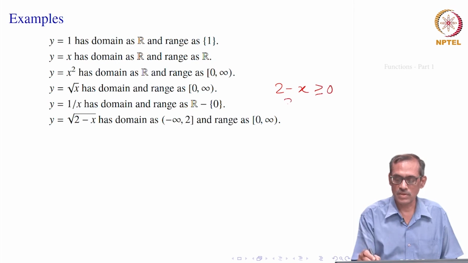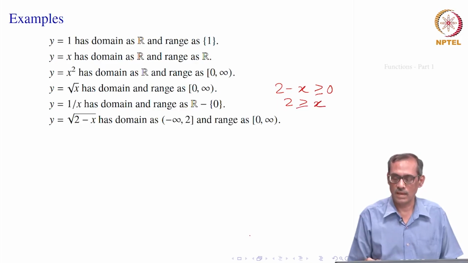This says 2 is greater than or equal to x. So, if 2 is greater than or equal to x, how will it look on the real line? If 2 is here, x will be less than or equal to 2, so all these numbers are in the domain for which our function is well defined.